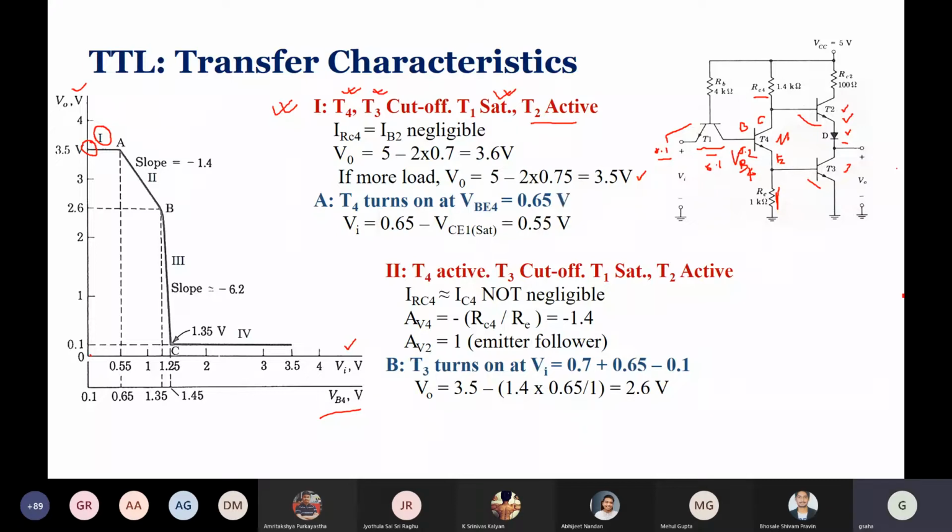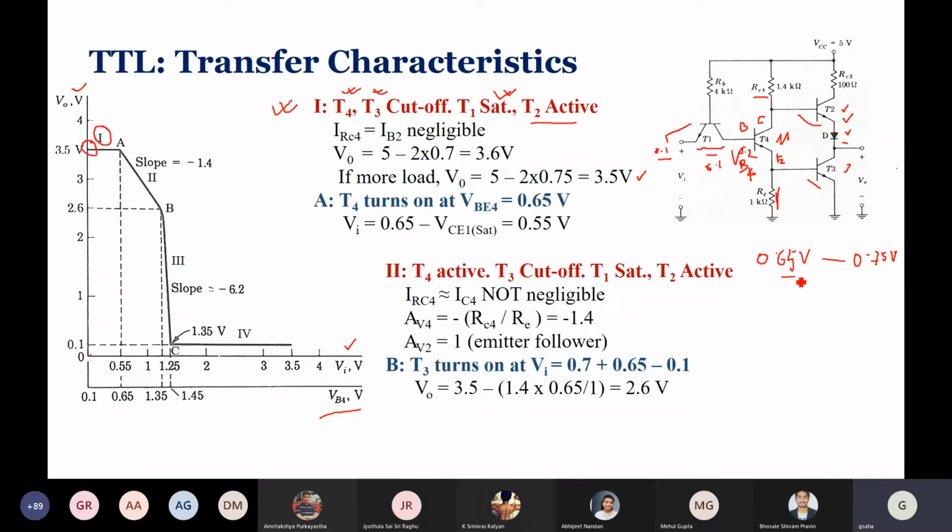Again, in this analysis, T4 turns on at 0.65 volt. In the book they have considered a more realistic scenario, that is what I'm saying. 0.65 volt to 0.75 volt is the range over which VBE is operating when the transistor is drawing current. The collector is sending current through the base to the emitter, so it is turning on to saturation.